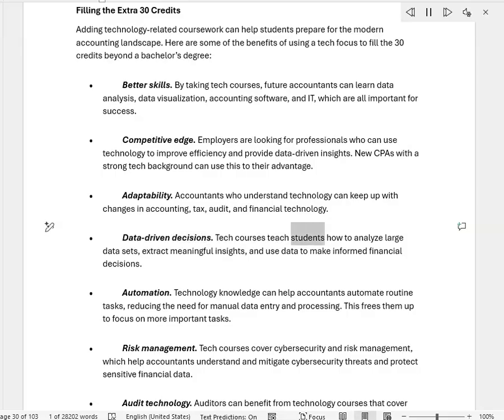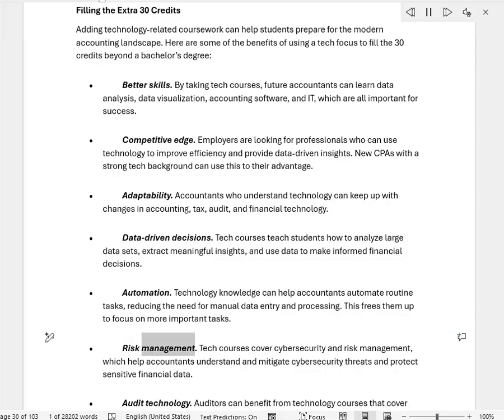Tech courses teach students how to analyze large data sets, extract meaningful insights, and use data to make informed financial decisions. Automation. Technology knowledge can help accountants automate routine tasks, reducing the need for manual data entry and processing. This frees them up to focus on more important tasks.